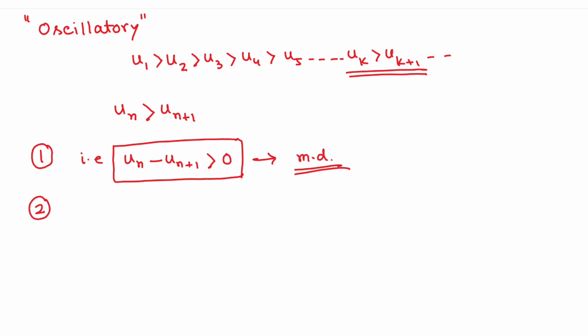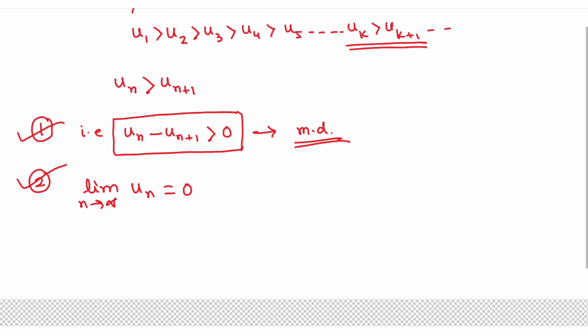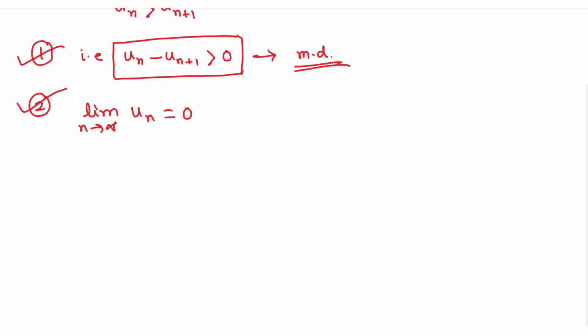Second, we have to show that the limit as n tends to infinity of un is equal to 0. If these two conditions hold, then according to Leibniz test, the series will be convergent. So let's solve using an example.